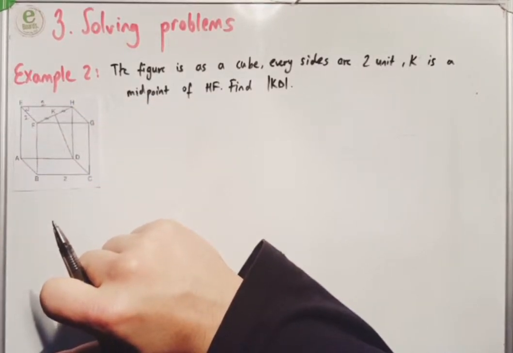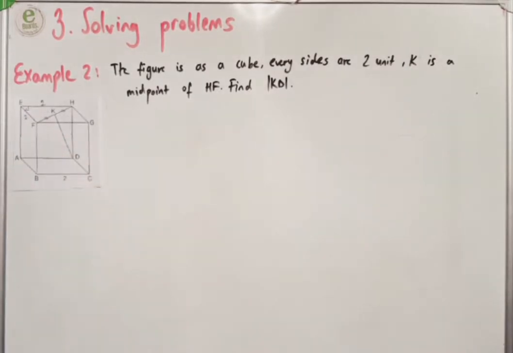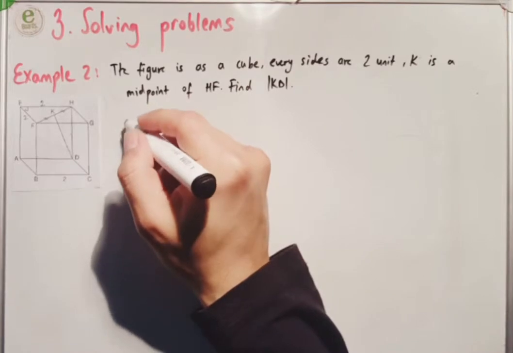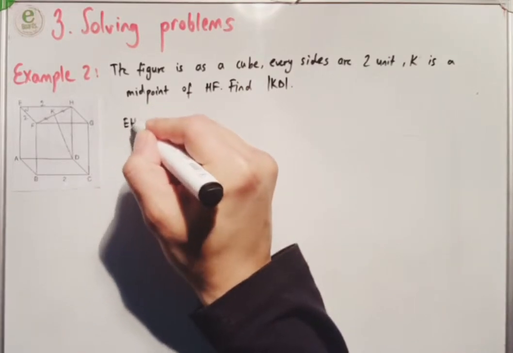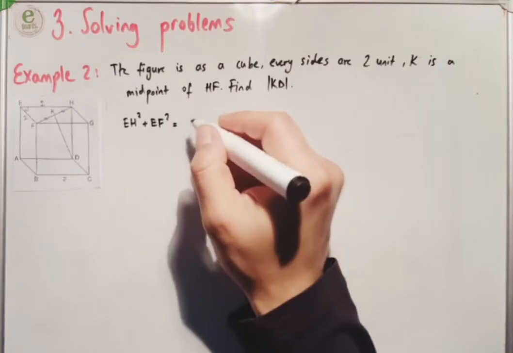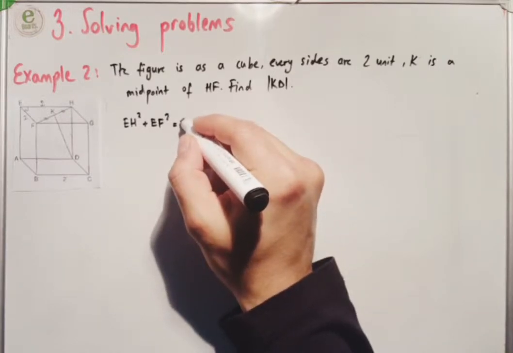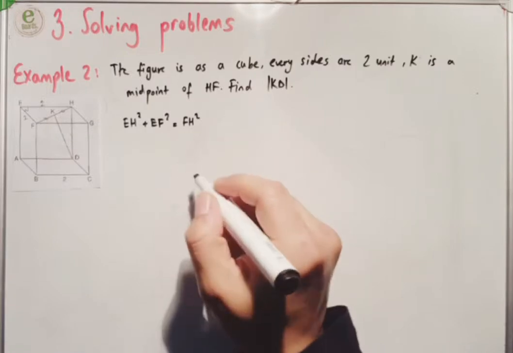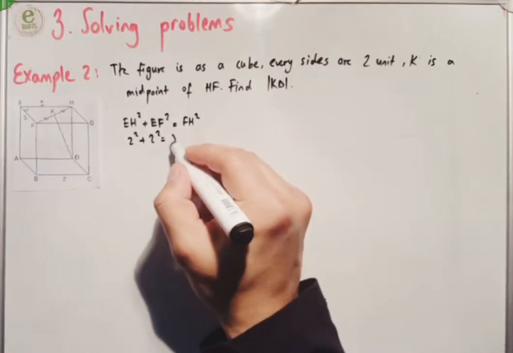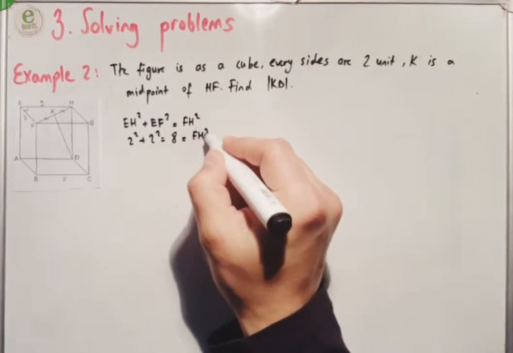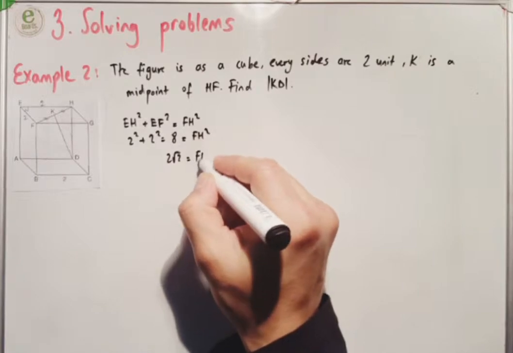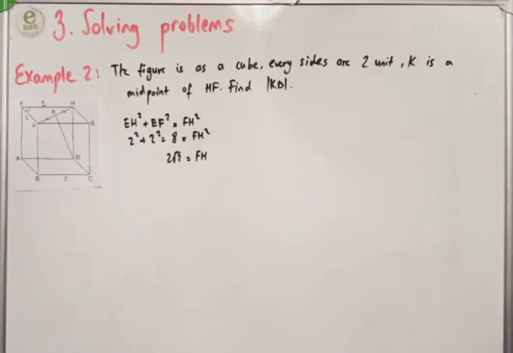By using the Pythagorean Theorem, we get HF: EH square plus EF square will give us FH square. 2 square plus 2 square is 8, equal to FH square. From here, FH is 2 root 2 units.